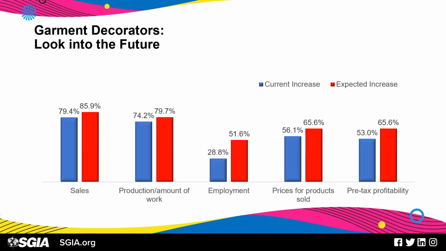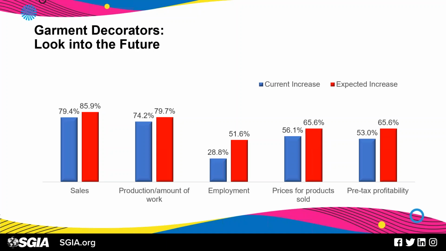How do they look into the future? Again, we look at the 5 indicators and compare their current increase and expected increase. And we can see that sales and production are the top indicators.